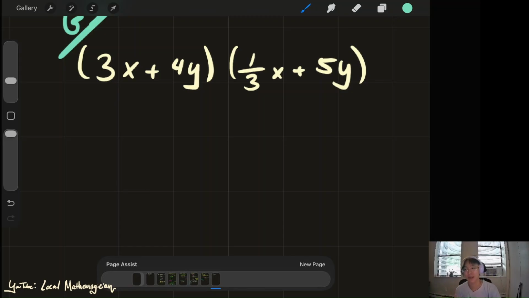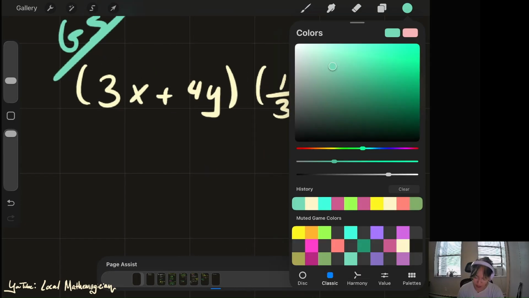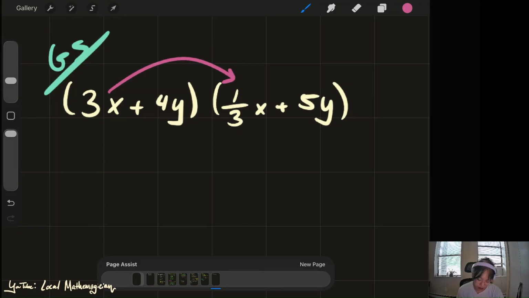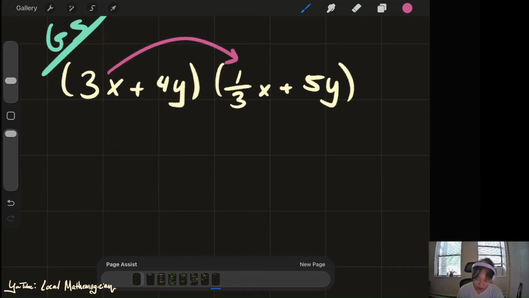Okay, if you're back here, you already hit pause, so let's get into it. What I would do is I would not color code because I'm tired of color coding. If you guys need it, please feel free to do it yourself, okay? I would say, oh, this distributes here, so that's 3/3 x squared, right?